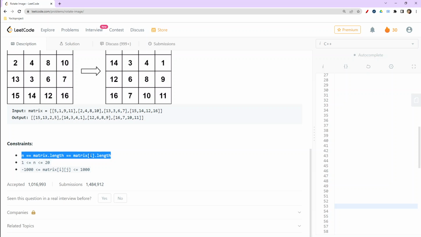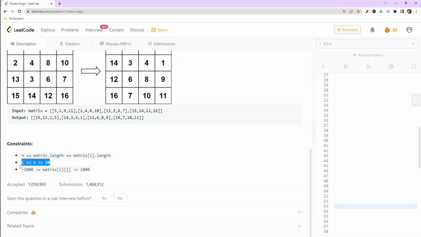In our earlier classes, we have done transposition, and the transposition of a matrix can only be done if that matrix is n cross n, that is, both row and column counts are the same. So here also that transposition could be used as per this constraint. Next, n is at most 20, so at max there could be 20 rows and 20 columns only.